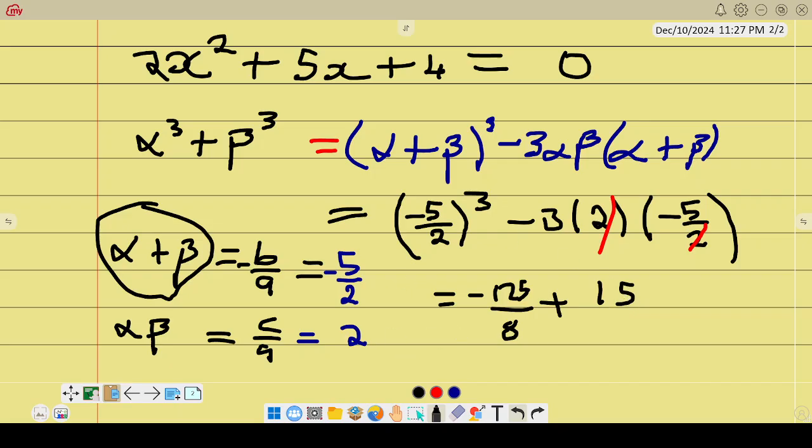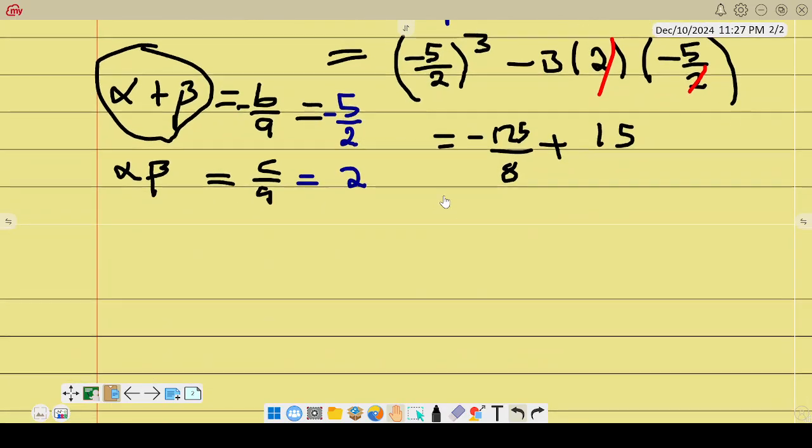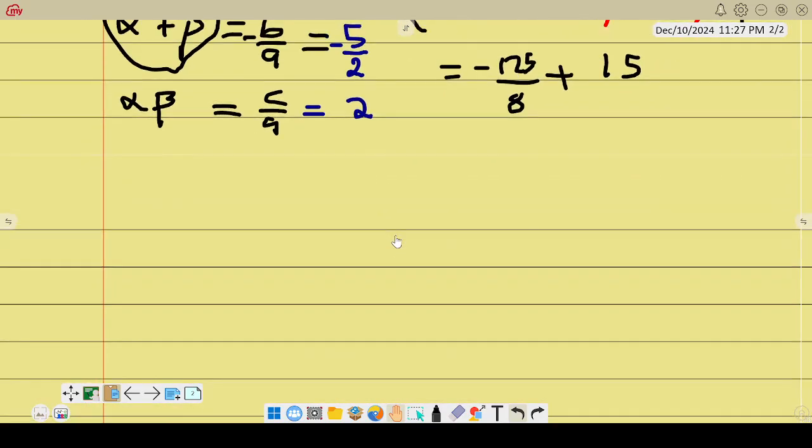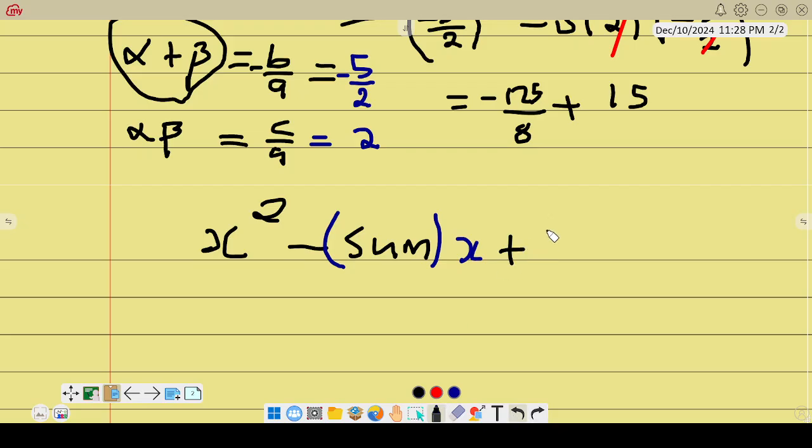I think I've taught you a lot of things just in this introductory lesson. So suppose they told you, can you find the new equation? You can always remember, you start with x squared minus sum, and don't forget the sum goes with x, and then plus product.